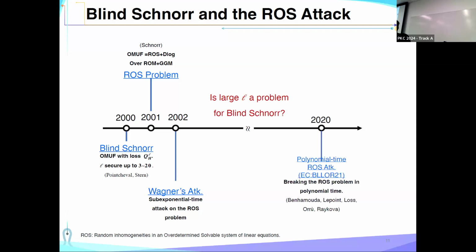And nobody knew for 20 years, until one of the best papers at Eurocrypt 2021, by Benhamouda, Lepoint, Loss, Orrù and Raykova, proposed a polynomial time attack breaking this ROS problem. So at the moment, people realized that if you have Blind-Schnorr with around 200 concurrent sessions, you can break one-more unforgeability.